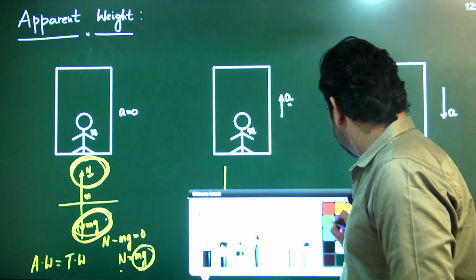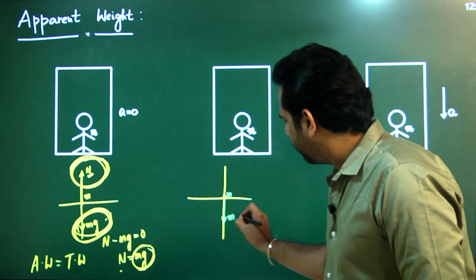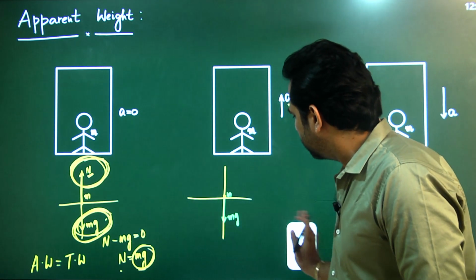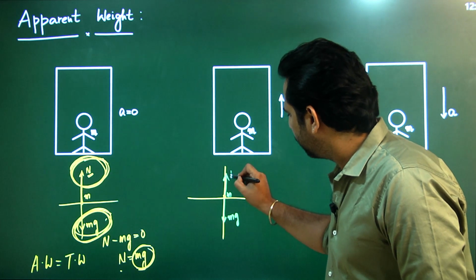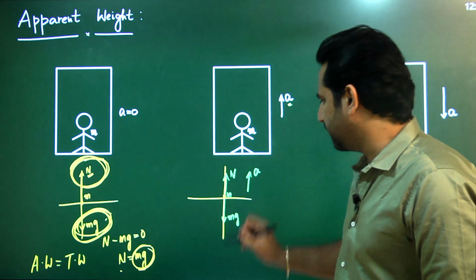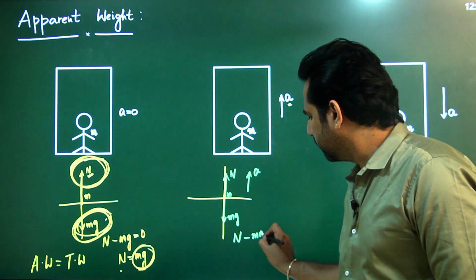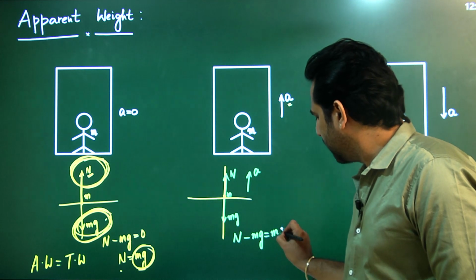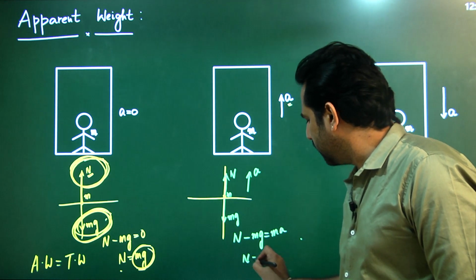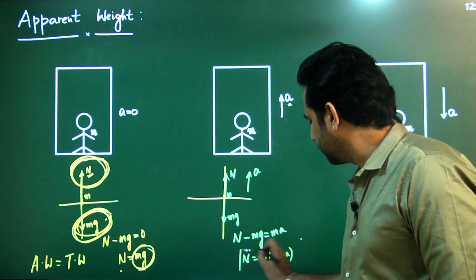Now the forces acting on this man are his own weight mg, and he is standing on the machine. The machine is exerting a force N in the upward direction. If you observe from the ground, there is acceleration a, and I can write N minus mg is equal to ma. So N is equal to m into (g plus a).